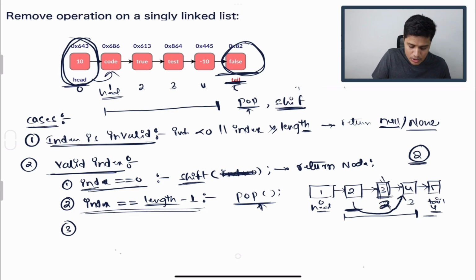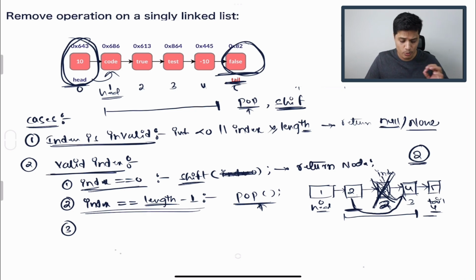So we will get the node that is at index minus 1 position and we will update the next of that particular node with the next of the node available at the indexed position. That means that this node's next will have the reference of the node 4. In that way, this node is actually getting deleted. Okay, I hope you understood.